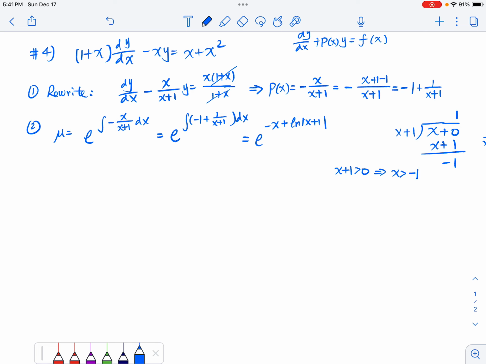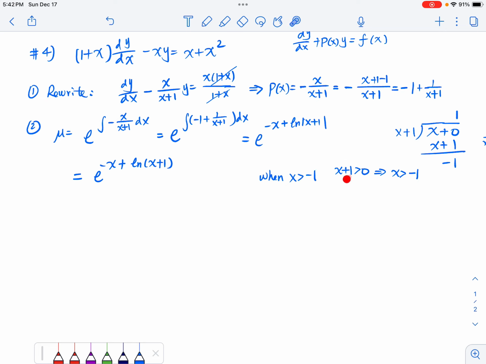So let's simplify this into the following. It is equal to e to the negative x plus ln of x plus 1. Instead of the absolute value of x plus 1, I'll just say x plus 1. This is true when x is greater than negative 1, right? Why?